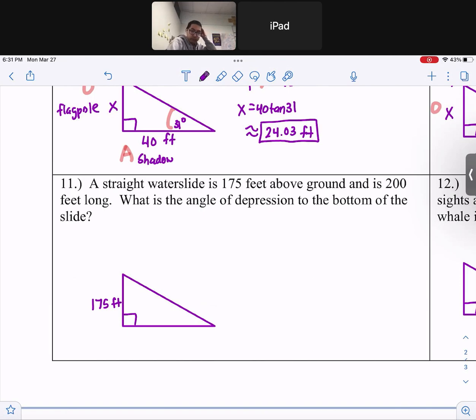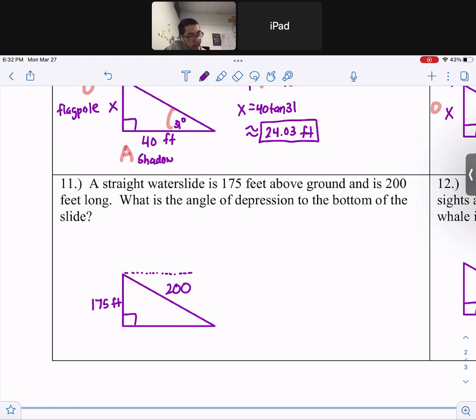So the water slide is this, and it is 200 feet long, and it makes sense because people are going down the water slide like this, right? So the water slide itself is 200 feet long, and it's above the ground 175 feet. What is the angle of depression?